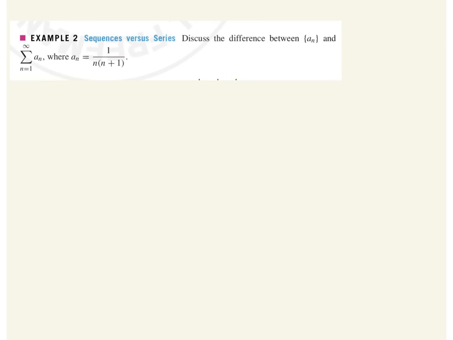Example 2 in section 10.2 has us just looking at the differences between sequence versus series. And we want to discuss the difference between a sub n and the summation of a sub n from 1 to infinity, where a sub n equals 1 over n times n plus 1. So main thing, definition-wise, a sequence is a list of numbers.